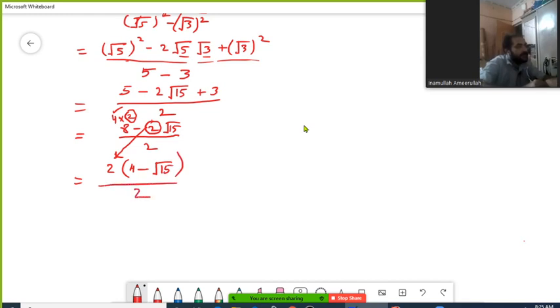This 2 and 2 in the numerator and denominator can be cancelled. Now 4 minus root 15 is your final answer for this question number 4. Hope it is clear to everybody.